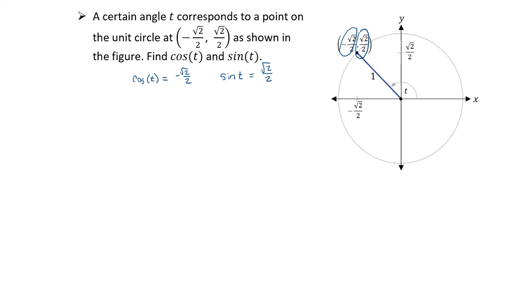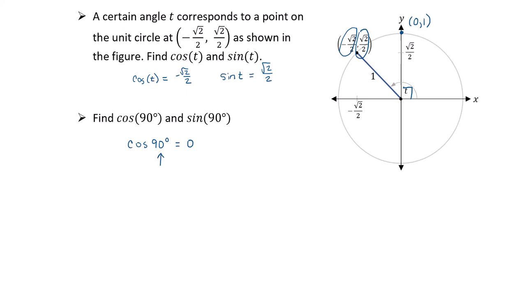Let's find cosine of 90 degrees and sine of 90 degrees. 90 degrees is going to take us right here on the unit circle. That coordinate is 0, 1. So the cosine of 90 degrees is 0.